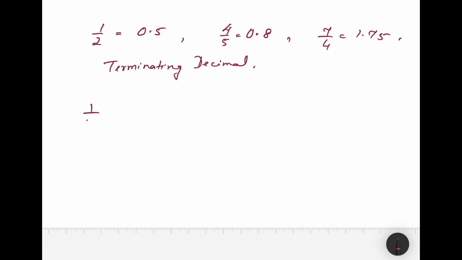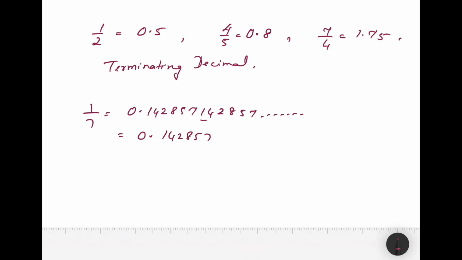Now take the example 1 by 7. This is equal to 0.1428. If you do long division you will get this. You can check it for yourself. Then again it will get repeated. So we can write this as 0.142857. See here from 142 again it has got repeated.